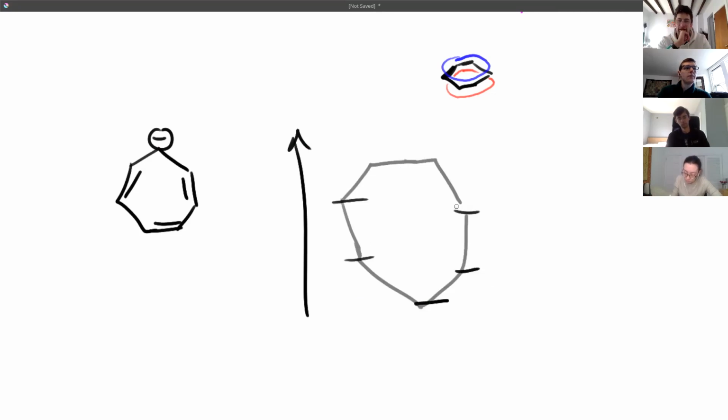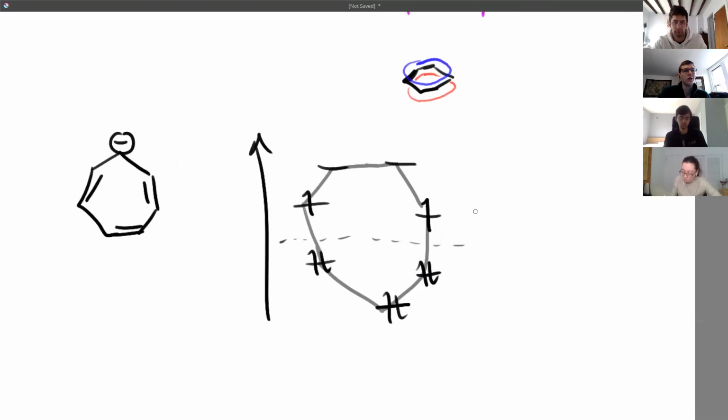And is this guy anti-aromatic? Yeah, exactly. Great. So we draw our line halfway through, right? And then we fill in from the bottom, and exactly like you said, this thing is anti-aromatic because at the end of the day, you have 2 electrons, and remember, we have this thing that's called Hund's rule.